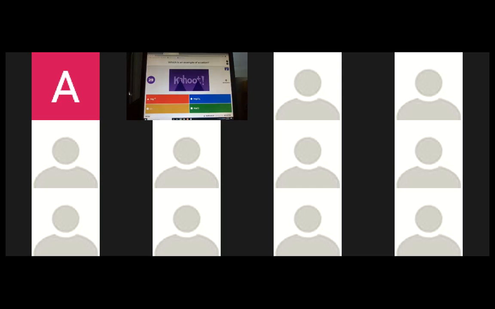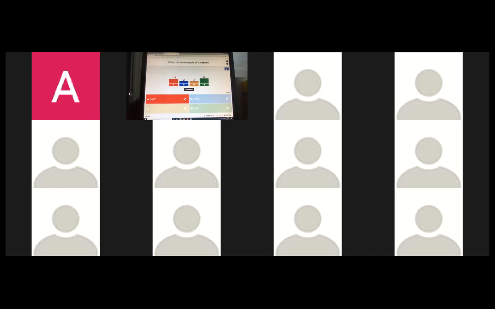Which of these is a cation? All right, Mg+2 is a cation.